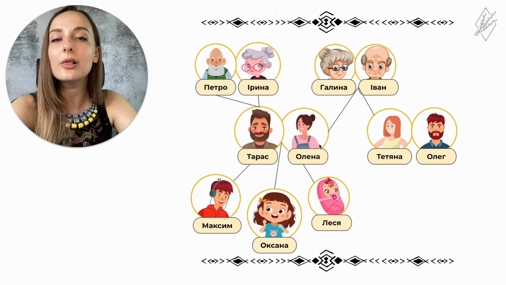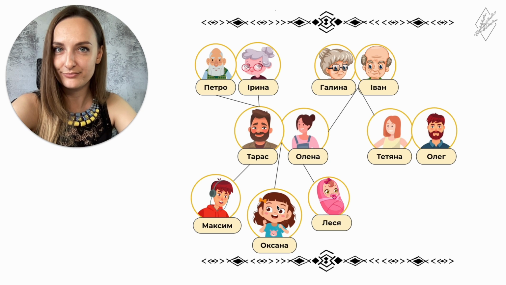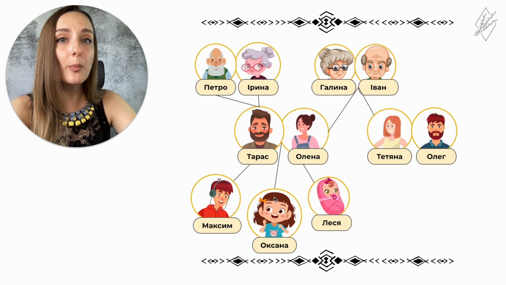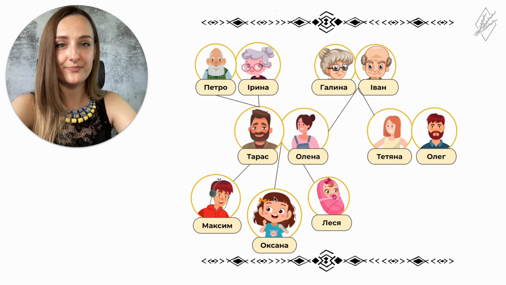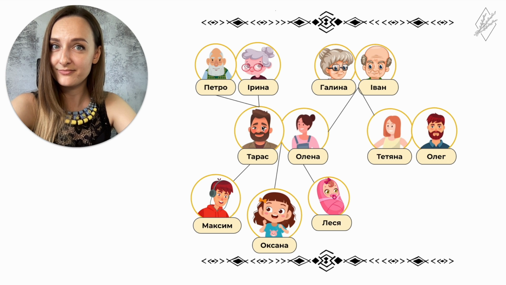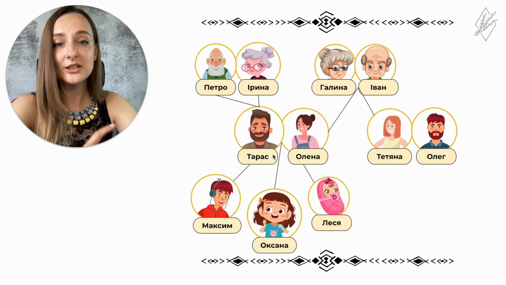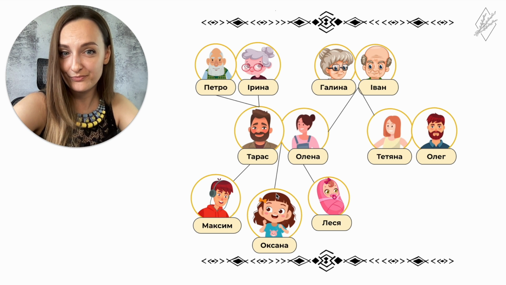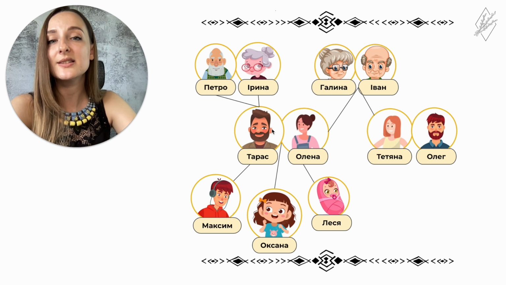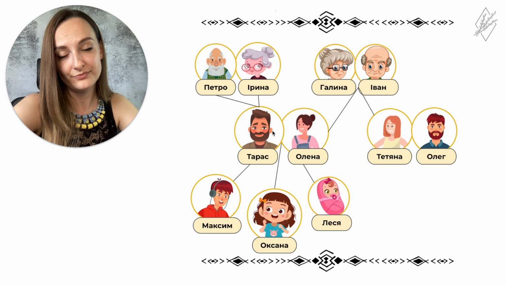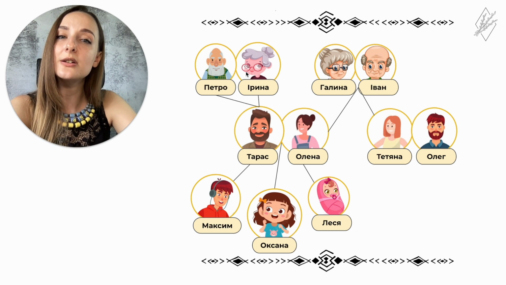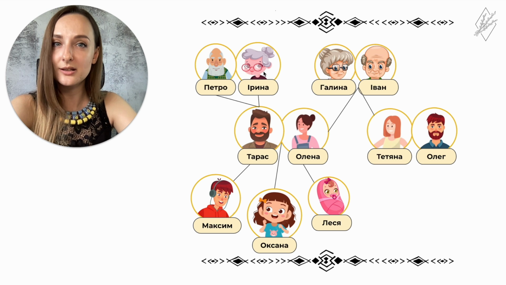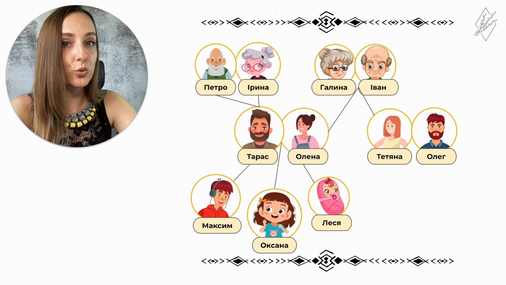А хто Олена для Оксани? Олена – її мати, or мама. А Тарас? Тарас – її батько або тато. Це її мама, це її тато. А хто Ірина для Оксани? Ірина – її бабуся.